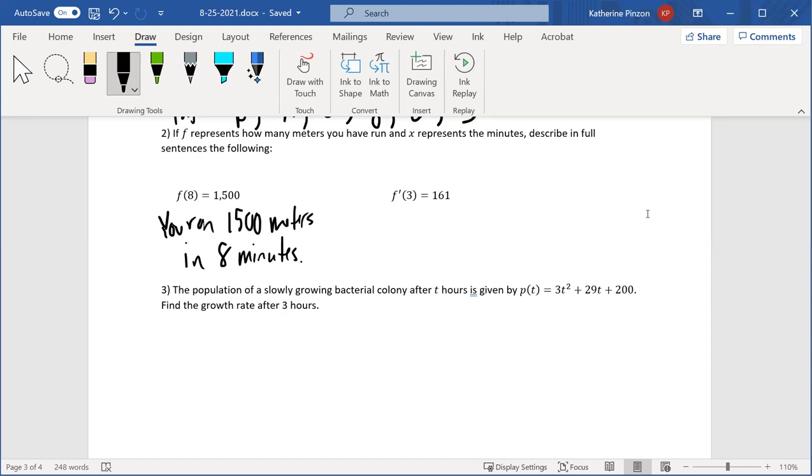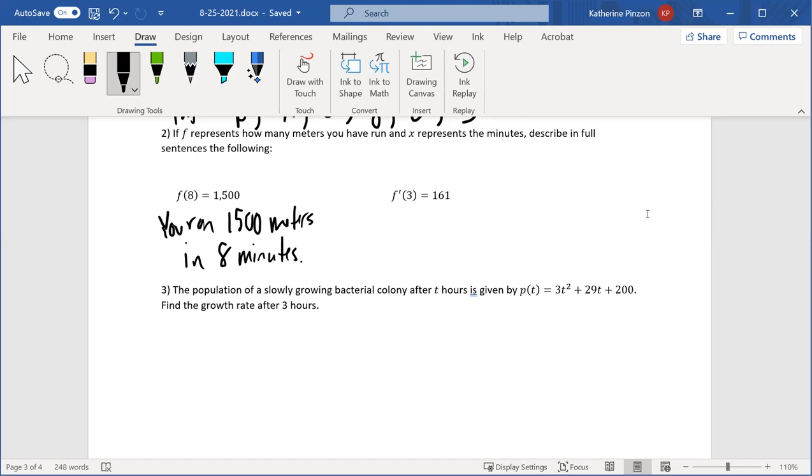So at the time, 3 minutes. At the instant after you've run 3 minutes. It doesn't tell me how fast I'm running before that, and it doesn't tell me how fast I'm running after that. Right there at the 3-minute mark, you are running at a rate of 161 Y's, meters, per X's, minutes.